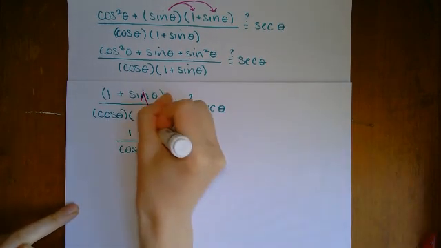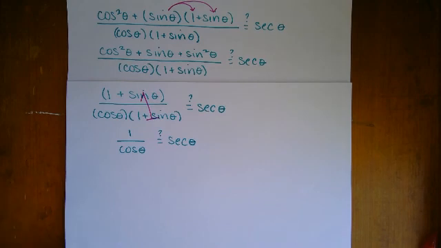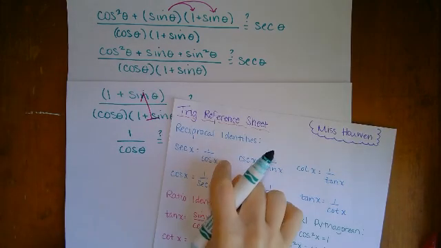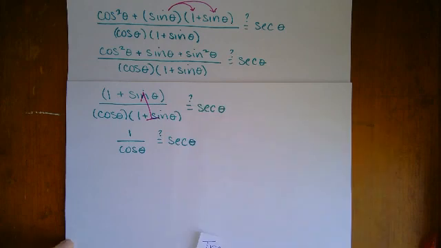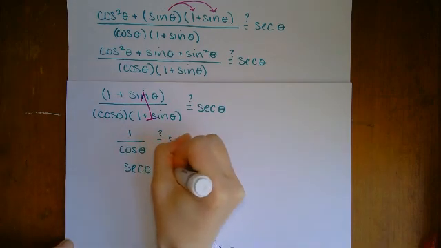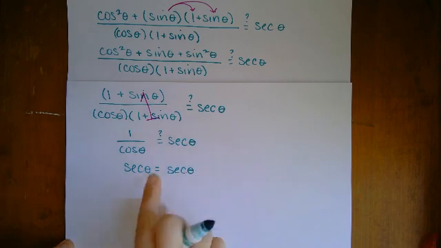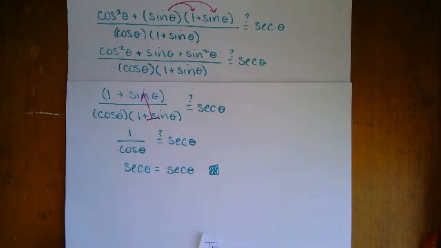We'll need a 1 in the numerator. And we're still asking, is that equal to secant theta? Back to our formula sheet. Turns out that 1 over cosine theta is equal to secant theta. So now we have secant theta equals secant theta. We know this equal sign for sure now since we did it, and our proof is complete.